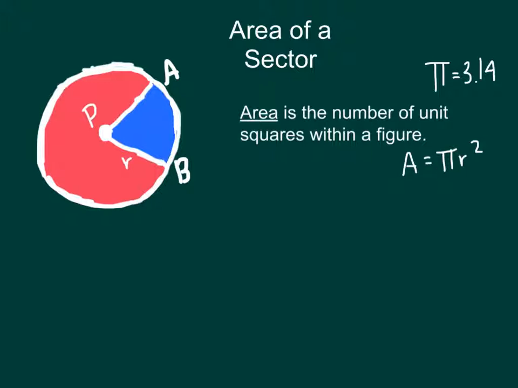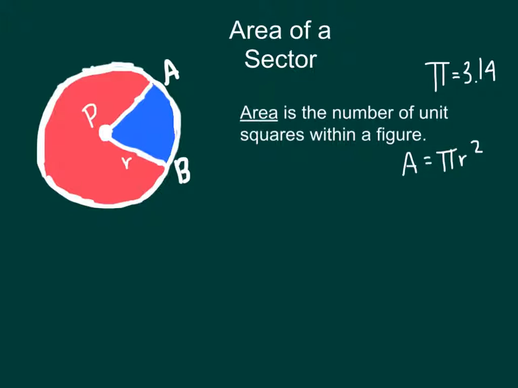But then there's the idea of what's the ratio of this. We're trying to find this blue sector here. We call it a sector. And what we need to do is find the ratio of this blue sector to the entire circle. So the first thing is, let's find the ratio of that blue sector to the whole thing.